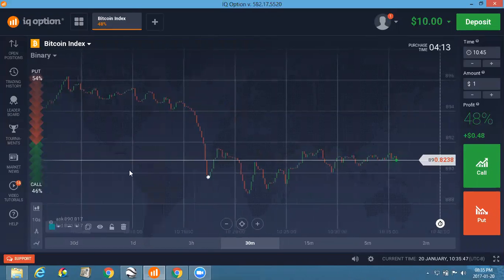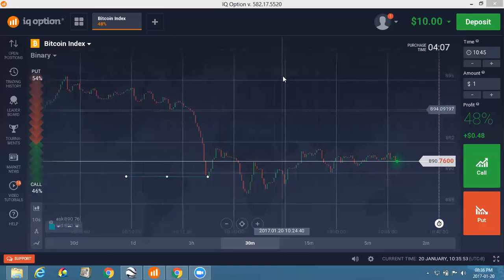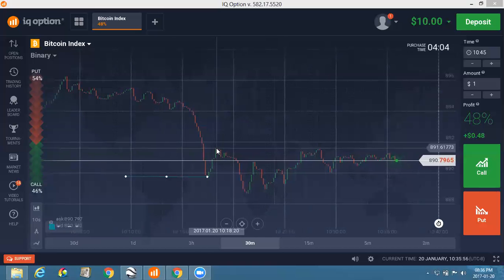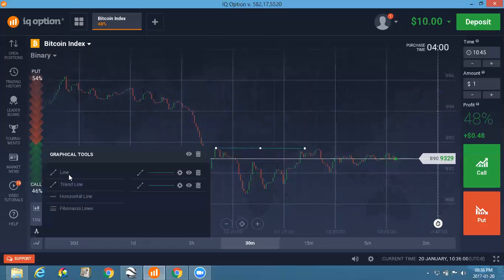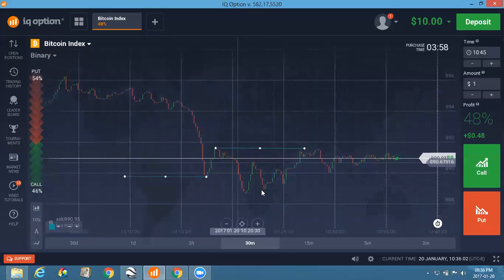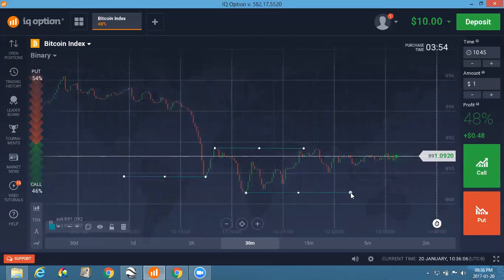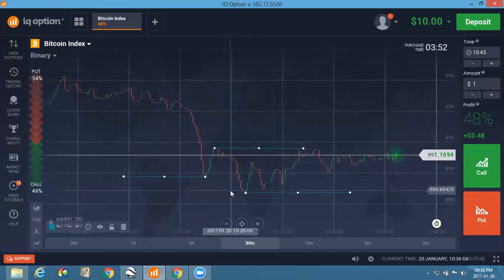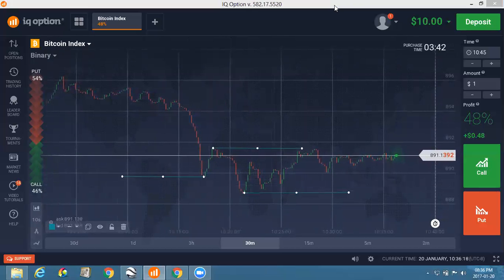I'll just throw out all the highs. What I just highlighted here are our swing highs and swing lows. These are not the only swing highs and swing lows we have in this specific area. Let me just get my tools.